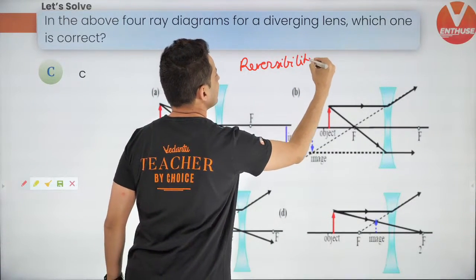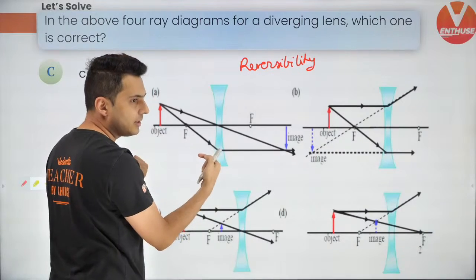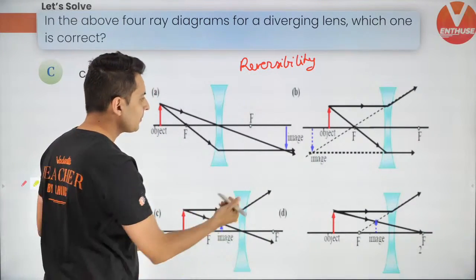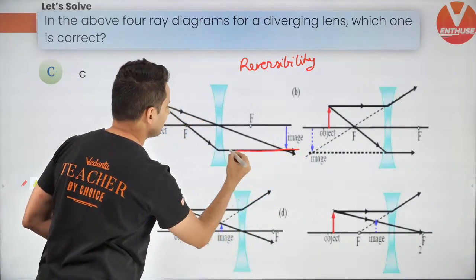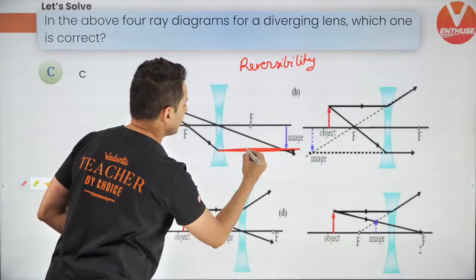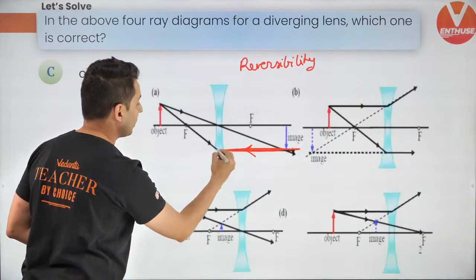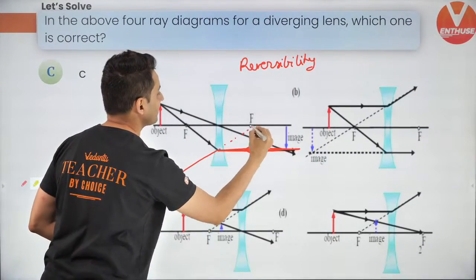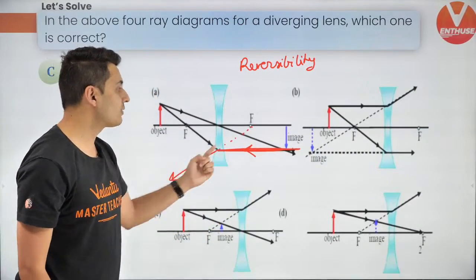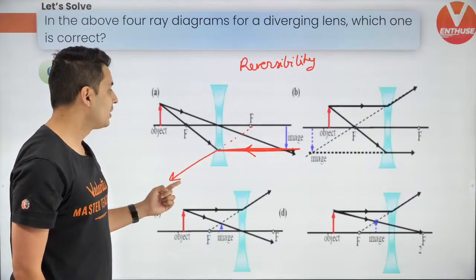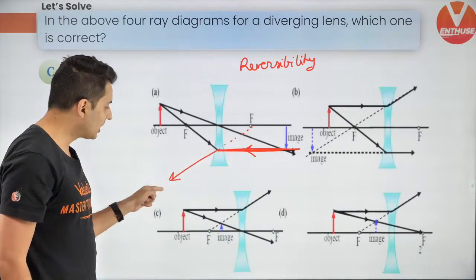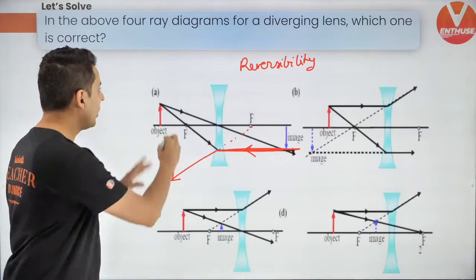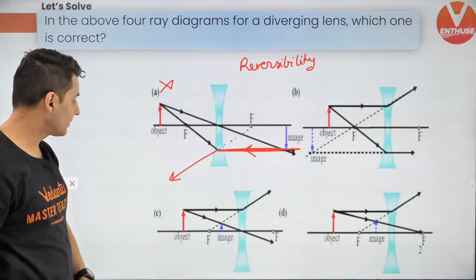Reversibility principle says that if the direction of the rays are reversed, it will travel the same path. Now imagine if a ray enters the concave lens like this, what will happen? It will diverge this way, right? And it will diverge from this particular point. Understand? So guys, this ray should come here, not go there. So hence option A is wrong. I hope this is clear.